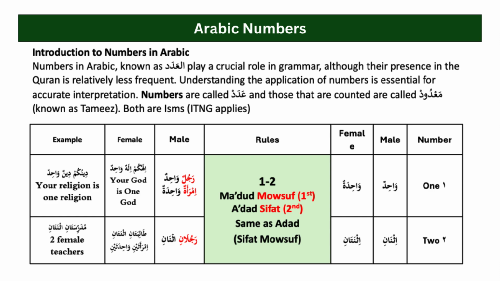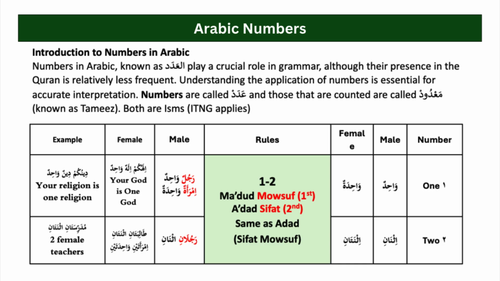First big division on this slide. This slide really teaches three sections: numbers 1 and 2, numbers 3 to 10, and then the rule for 100 to 1000. So let us begin. Numbers 1 and 2. The slide says, for 1 and 2, the madud comes first, and the adad comes after.